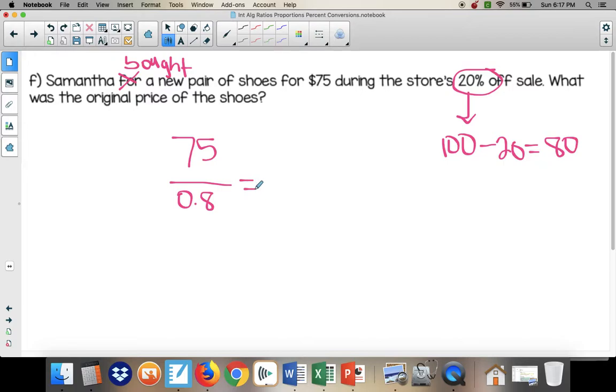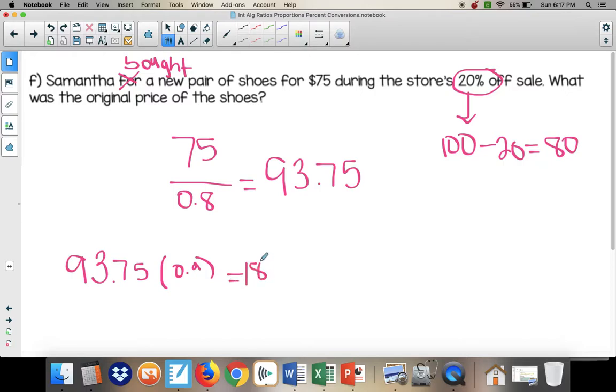So 75 divided by 0.8, and that gives you 93.75. So if we check that, 93.75 times 0.2 is 18.75. And if I take 93.75 minus 18.75, we get $75.